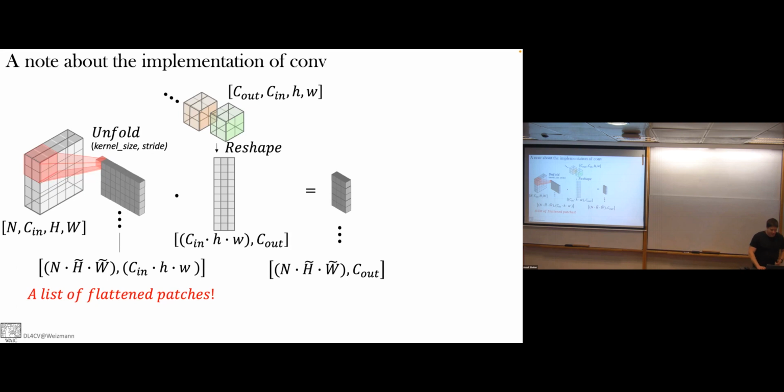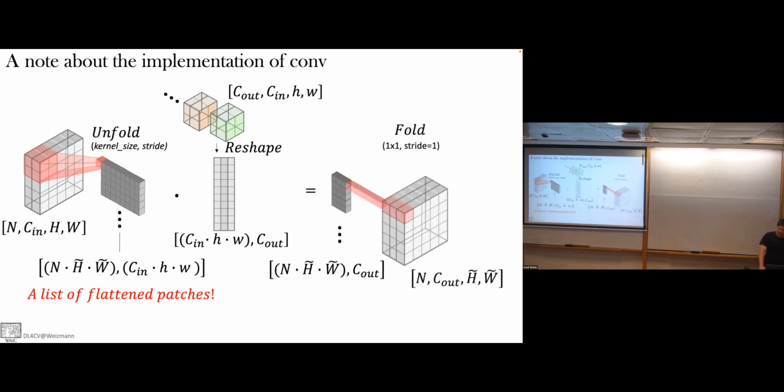So what do I have so far? Unfold the input, reshape the filter, multiply them, matrix multiplication, to get this creature. And what I do now is what we call fold. Fold means taking these flattened vectors and rearranging them, but this is a very simple fold.